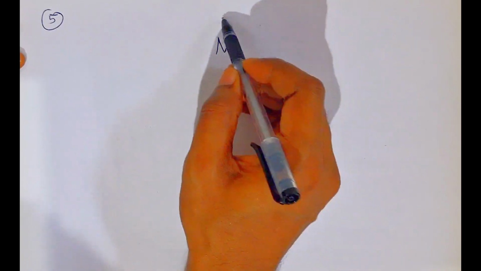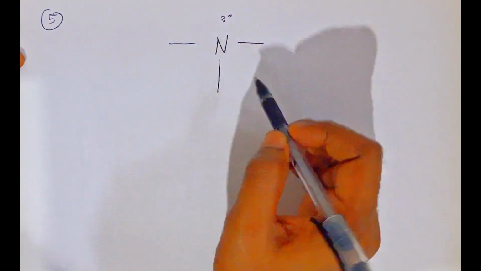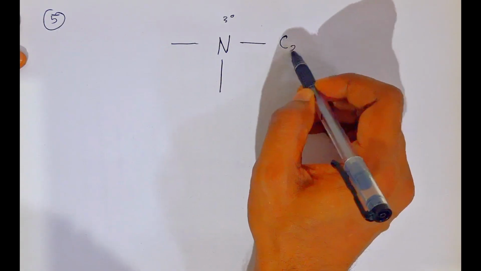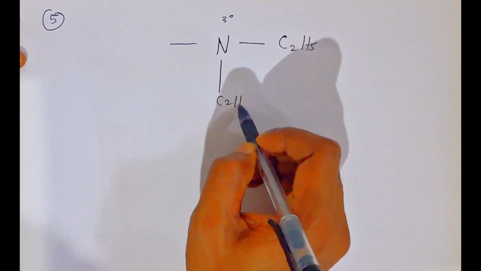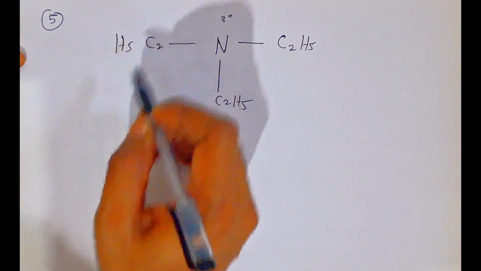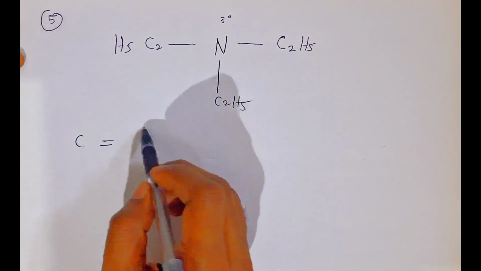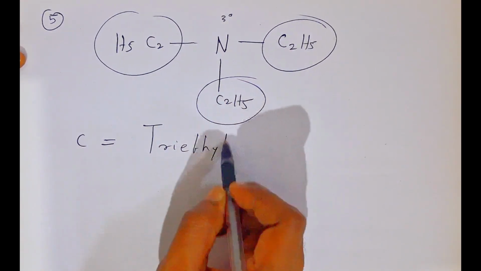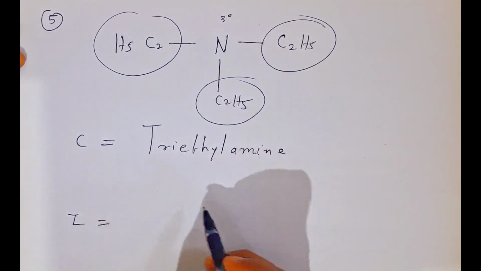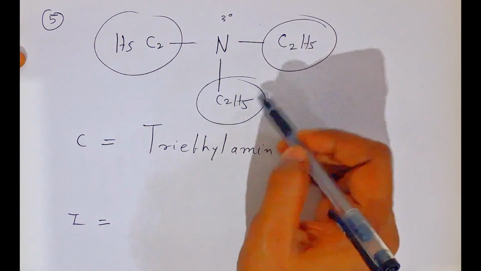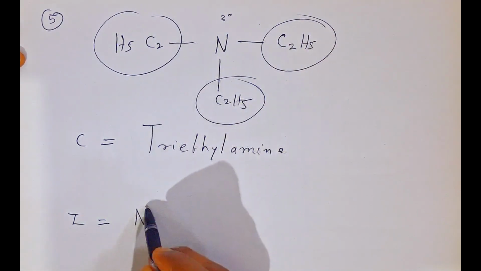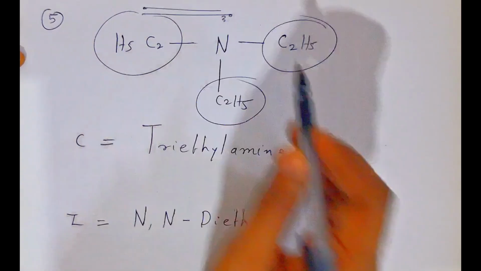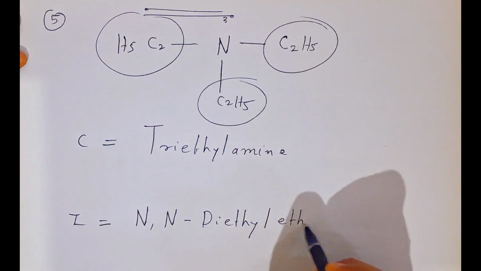This is the 3rd degree tertiary amine, when all the valency of this nitrogen is replaced by ethyl, C2H5, C2H5, C2H5. In the common name, students, we call it triethylamine. There are 3 ethyl, so we call it triethyl. In the IUPAC system, similar ethyl groups are attached to the nitrogen, so we write N,N-diethyl, and the parent will be ethanamine.